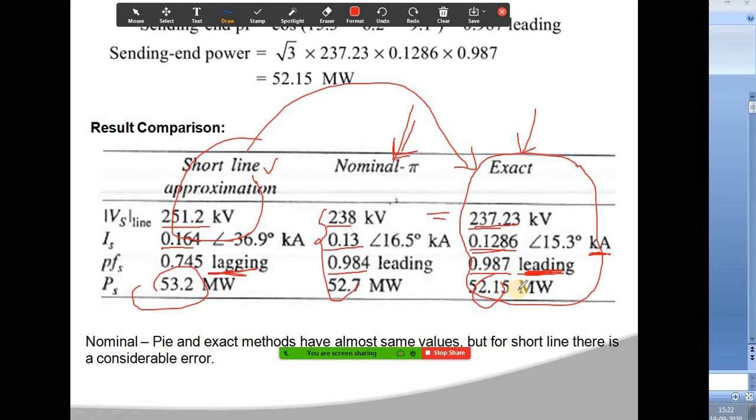From this you can say that the short line approximation gives more errors compared to the nominal pi method for a transmission line with a length of up to 300 kilometers.